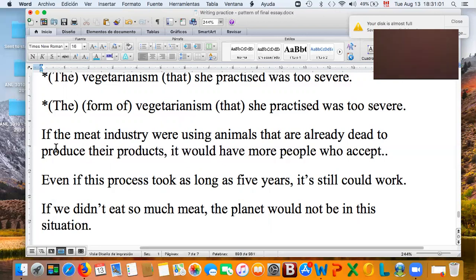Produce their products. Again, this sounds very repetitive or redundant or pleonastic. That's okay. Never mind that. If the meat industry were using animals, notice it's were and not was.